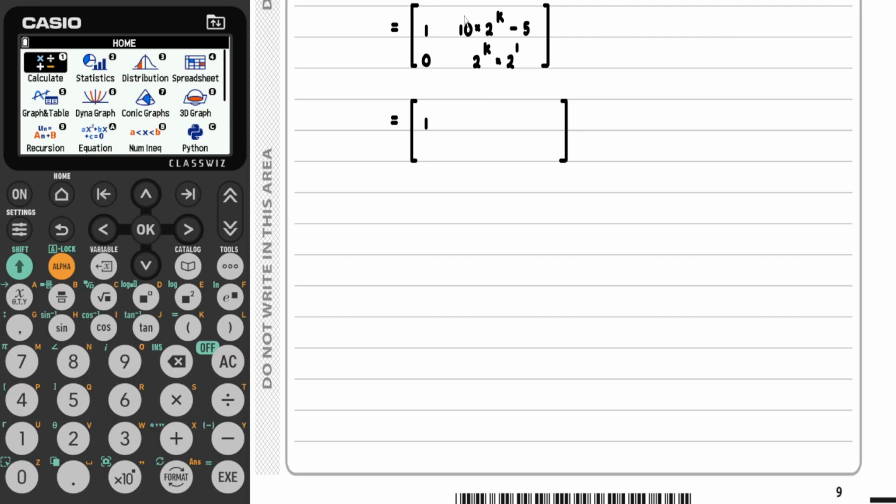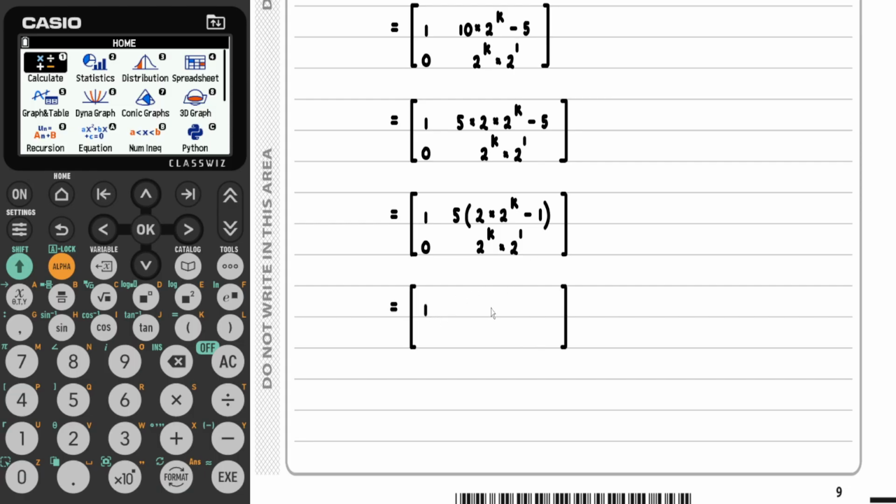So we've got 1. Now this 10 I'm going to rewrite as 5 times by 2, and I'm multiplying this by 2 to the k, and then I'll subtract 5. Here I've got 0, and here I've got 2 to the k times 2 to the 1. Now here I can factorize out 5, and then I've got 2 times 2 to the k, subtract 1.